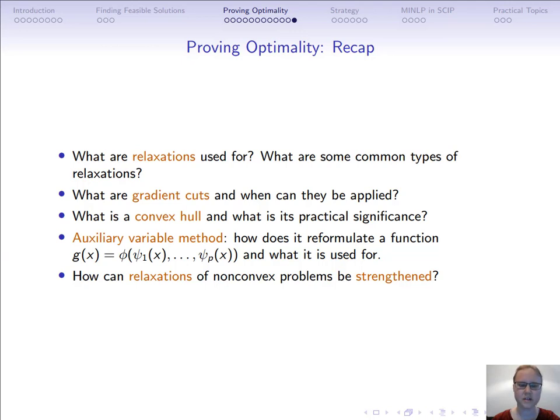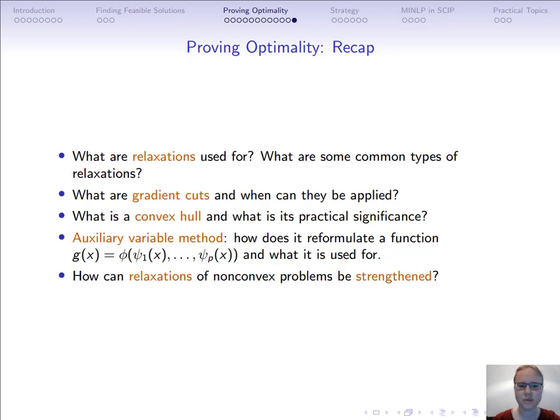Let us take a moment to summarize some of the important parts of this section of the lecture. First, I have introduced the notion of a relaxation and explained what it can be used for and what common types of relaxations there are. Then, for convex MINLPs, I have explained a very important tool, which is the gradient cuts, and I have explained how they can be applied and what the limitations are.